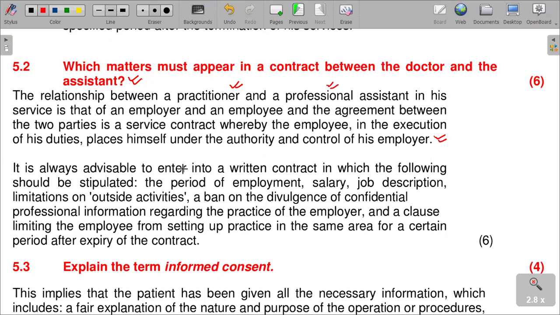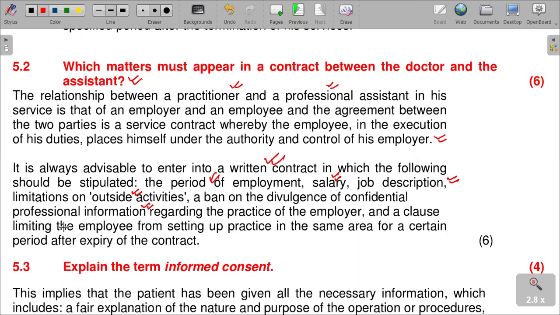It is always advisable to enter into a written contract anyway, in which the following should be stipulated. The period of contract or period of employment must be there, which also identifies the salary. The job description must also be there. Limitation on outside activities: which activities must not be done by the assistant. A ban on the divulgence of confidential professional information, to say that there is a confidentiality clause that must always be there regarding the practice of the employer.